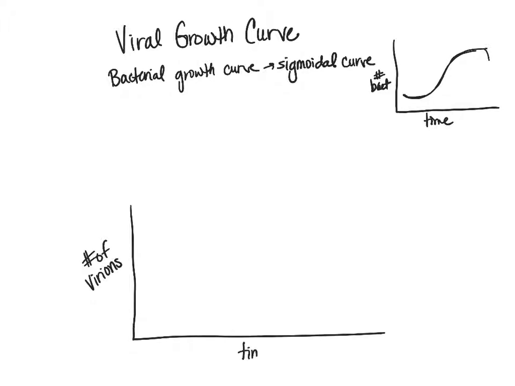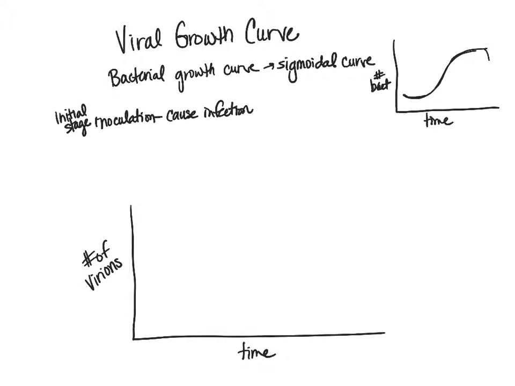And at the bottom, we have time. And so what we see here is the first stage is the initial stage. This is when we have inoculation of the virus, and that causes infection. So inoculation, and this is going to cause infection. And this is the initial stage.